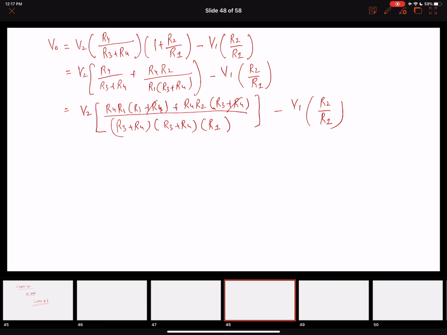So this thing will be cancelled out, and we are left with V2 into R4 R1 plus R4 R2 over R1 into R3 plus R4, minus V1 R2 over R1.